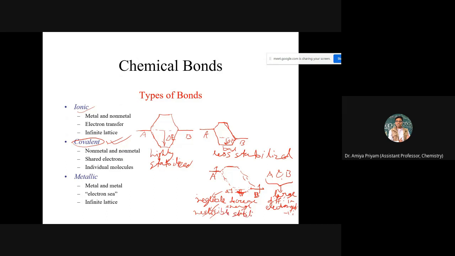That is how we can put it. So in this kind of scheme, if A and B have a large electronegativity difference, they do not form a stable compound. But this kind of compound is known to be stable.